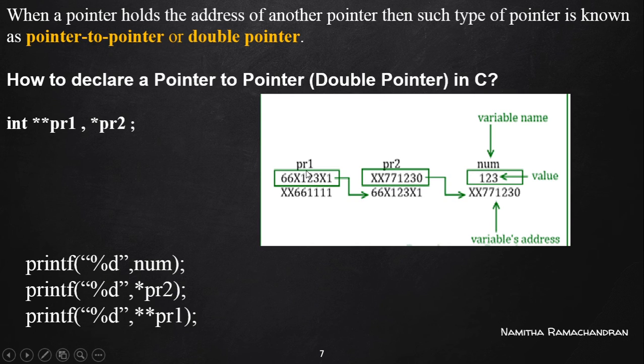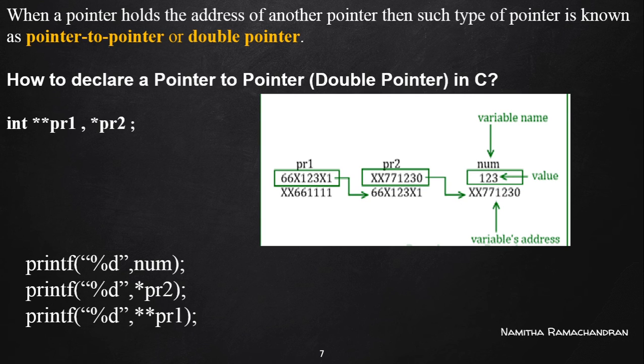Then we have one more pointer, PR1, which stores the address of another pointer variable, PR2. That is why we can call PR1 a double pointer, because PR1 is storing the address of another pointer. Such pointers are called double pointers.